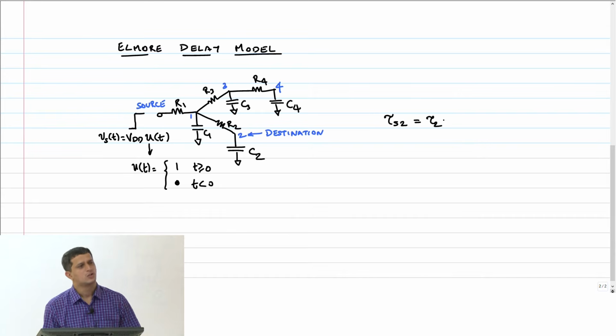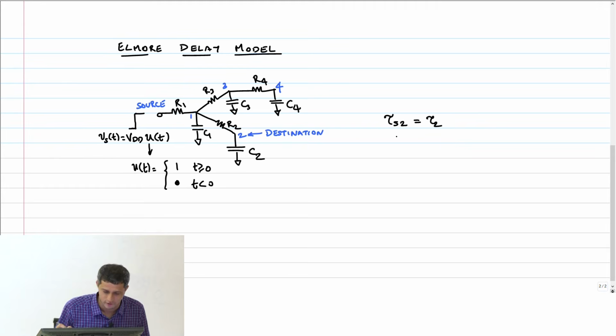So before we do any derivation, let us try to intuitively understand what's going to happen here. Can you tell me what the steady state voltage will be on all the capacitors? At t equal to infinity, what will be the voltage on all the capacitors? Exactly.